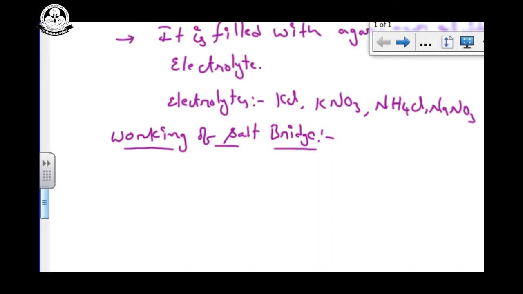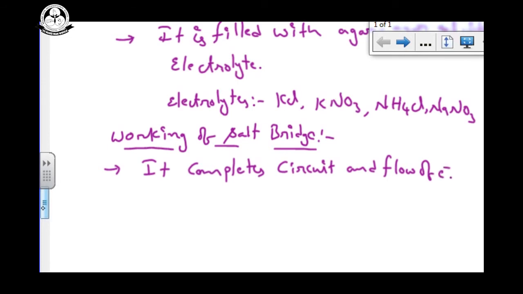The second point is that it maintains electrical neutrality in the solution.